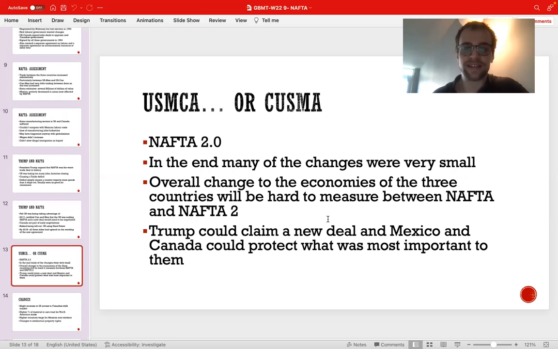So it's uncertain, and the ramifications of this change are sometimes overstated by Trump. Trump used this new agreement as part of his 2020 campaign, and it did not have much effect in reality.